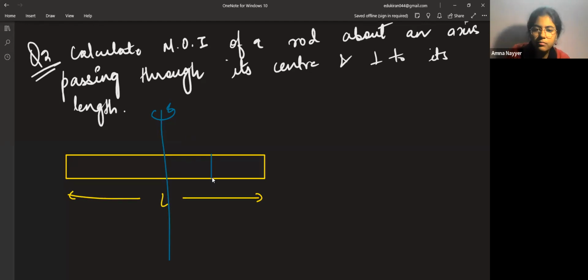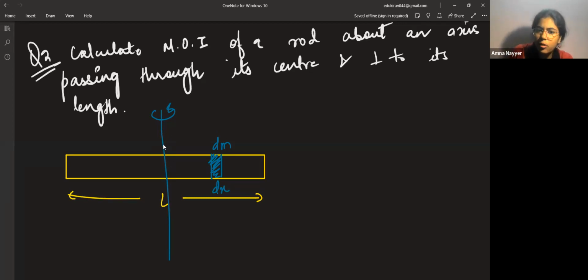Now what will I do? If I do not have information, I'll take a very small amount of mass, dm, whose length is dx. I'll take a small length dx. I have to find out the moment of inertia. Now see, if this is the axis, it's like my origin.